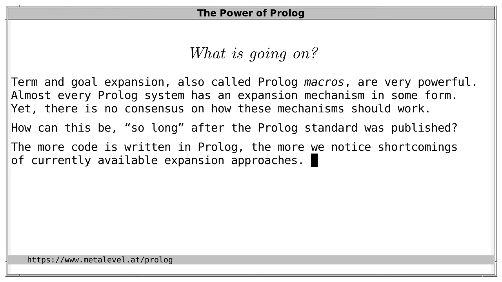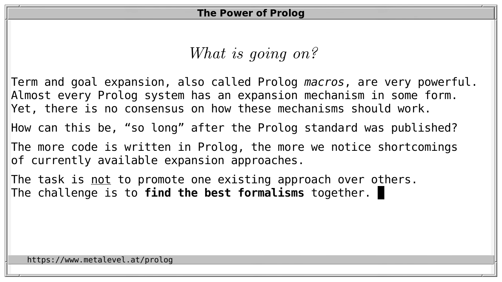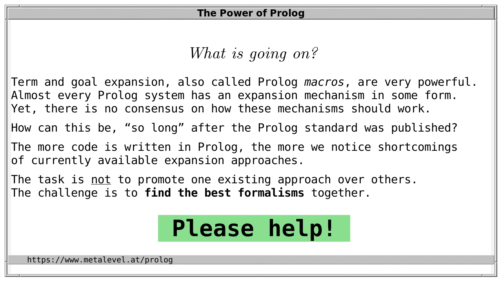And thus, shortcomings in available expansion approaches are found over time. And at least for some of the cases we've seen, all existing approaches fall short. And therefore, the task is not to promote one of the existing approaches over others. Rather, the task is to find the best formalisms together. And I invite you to help with this.